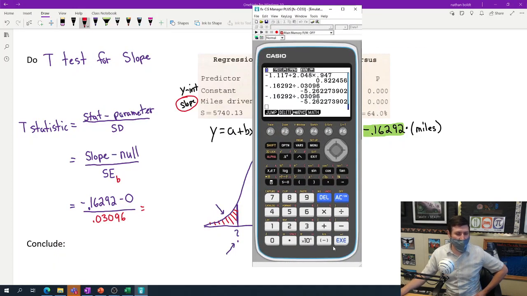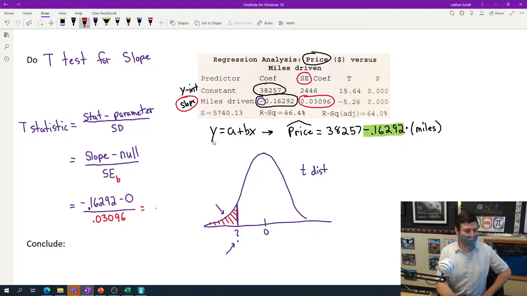We get negative 0.16292 minus, I don't need to do minus 0. Minus 0 doesn't change anything. So divided by 0.03096. So negative 5.26 it looks like. Remember, that's essentially a z-score.